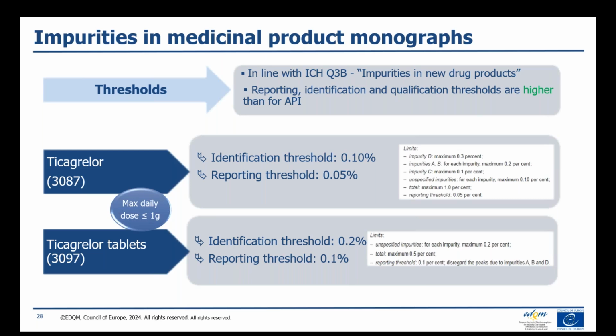So I will also explain how we elaborate our monographs, so how we set the specification. There are two main procedures, procedure 1 and procedure 4. The P1 procedure is for multi-source products.